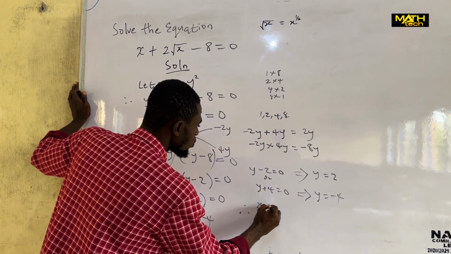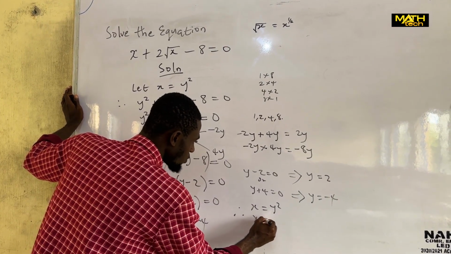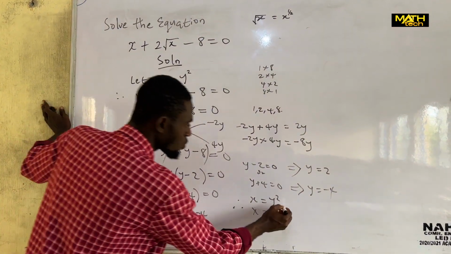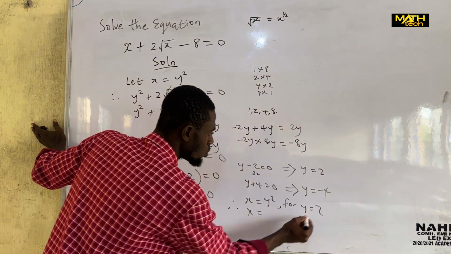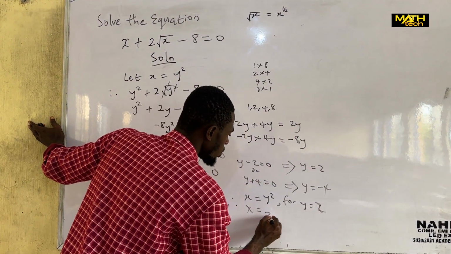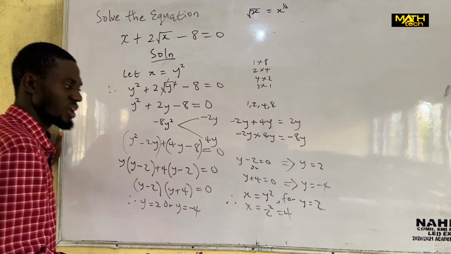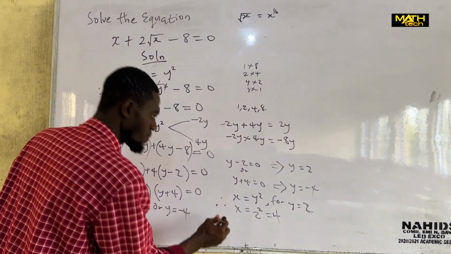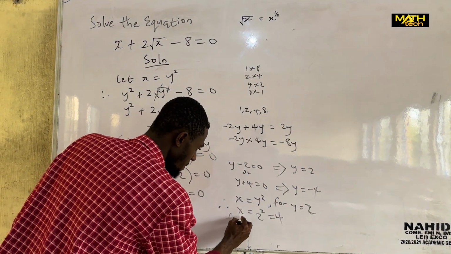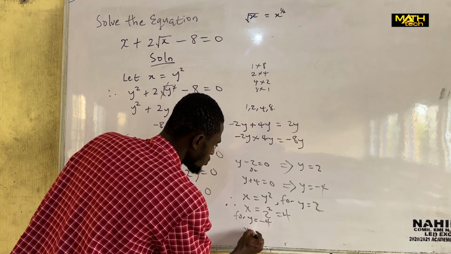So x equal to y squared. What is the first value, for y equal to 2? So 2 here will be 2 squared, and the value will be what? 4. And for y equal to minus 4, x will be what?